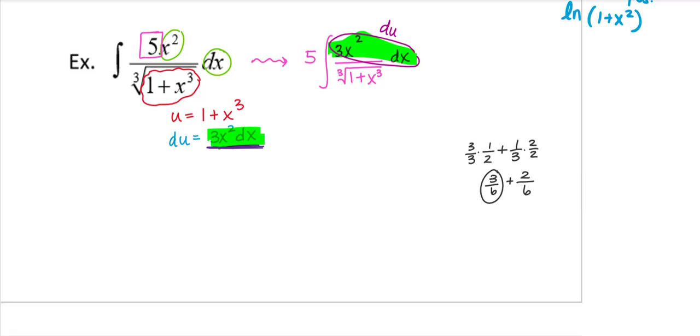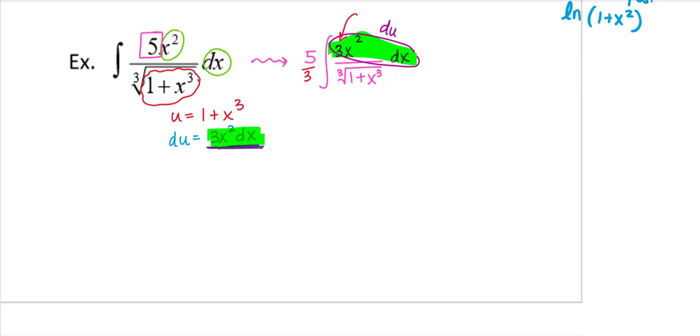You're not changing the value of that initial fraction, you're just changing the way it appears. So we can multiply by 1 as long as we also divide by that same value, because again, we have to multiply by 1. So I multiplied in a 3, so I will divide out a 3.